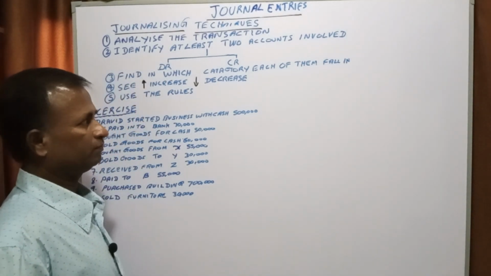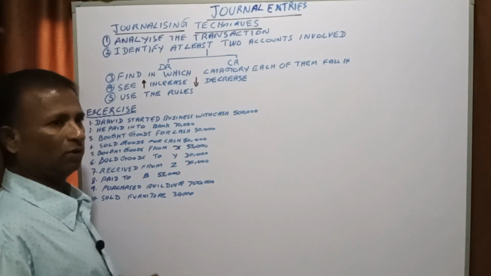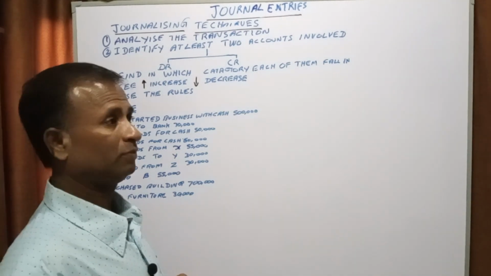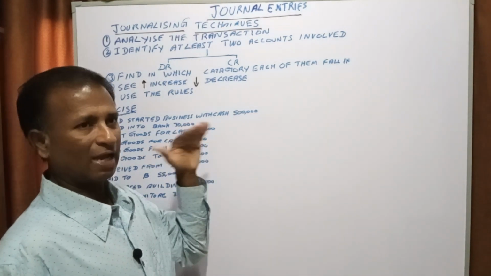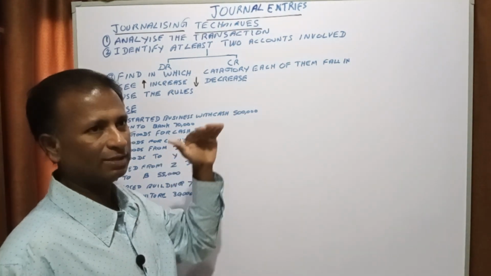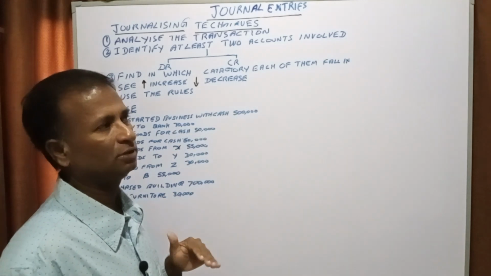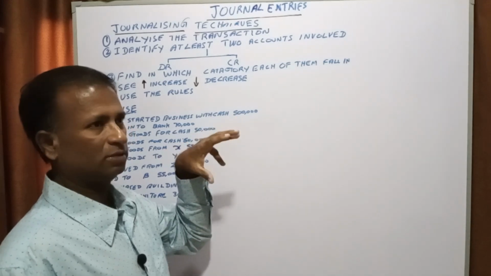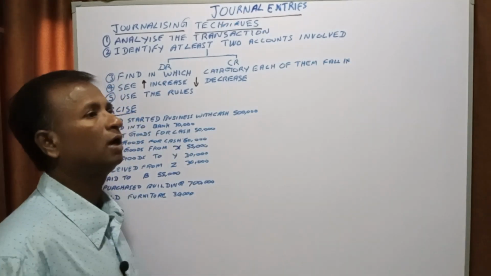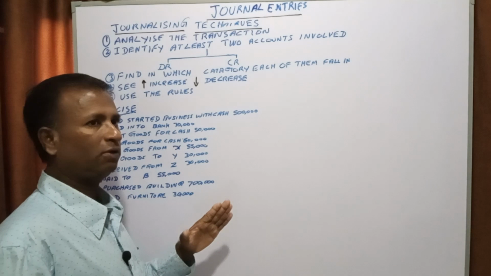That means, in the previous chapter, that's what I taught you. What is the asset? What are the divisions of the assets? What is the equity? How is it made up? And what is the revenue?